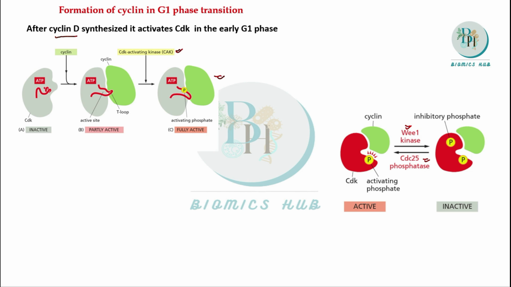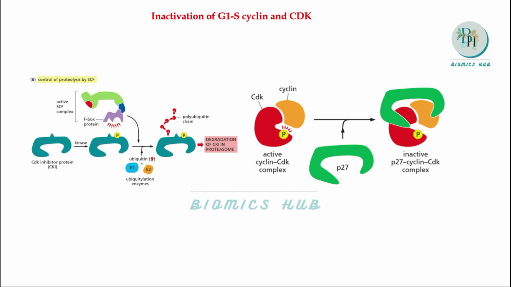It needs to be deactivated, or if there is some problem, the G1 to S phase transition will not take place. In that case, the cyclin needs to be degraded. So how is it degraded? It is degraded by a complex known as SCF, which is an E3-ubiquitin ligase. Then there is the inhibitor known as CKI.